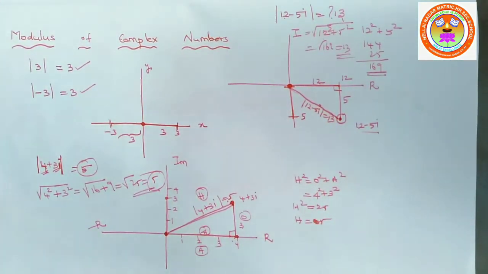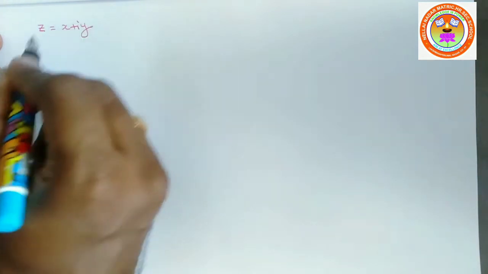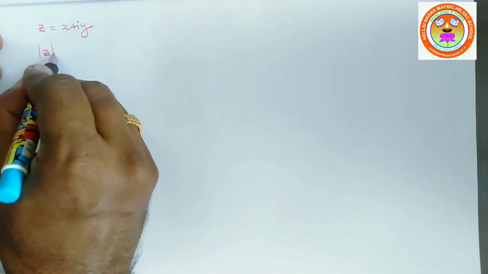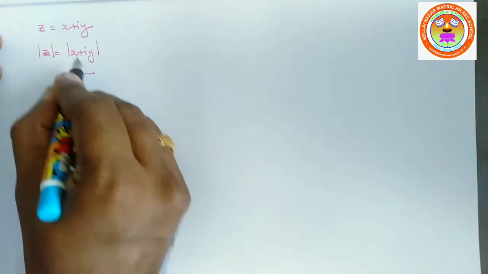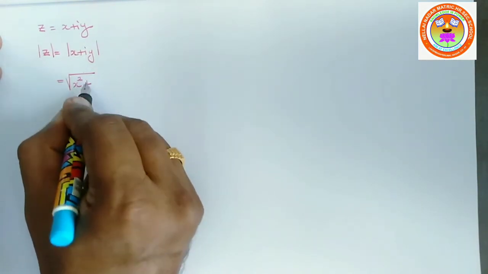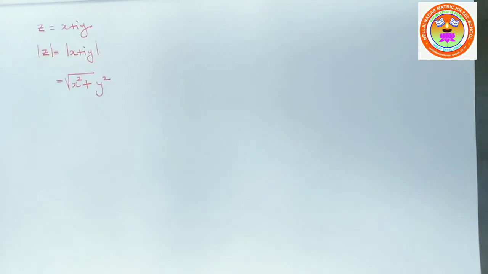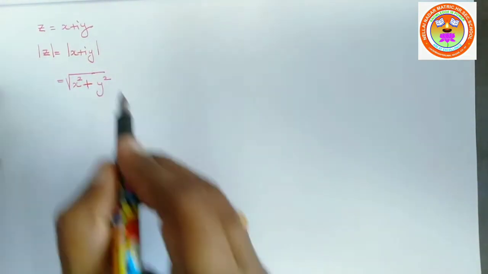So what is the formula? Now I am going to write this formula. The formula is: z is equal to x plus iy. Modulus of z is equal to modulus of x plus iy, which is nothing but the square root of x square plus y square. This is the formula: square root of x square plus y square.